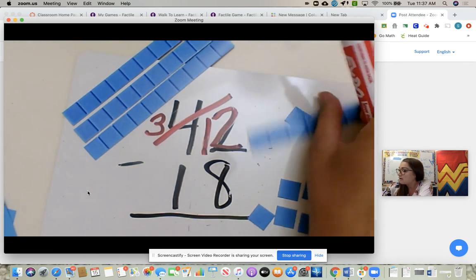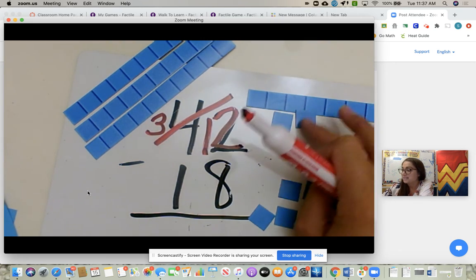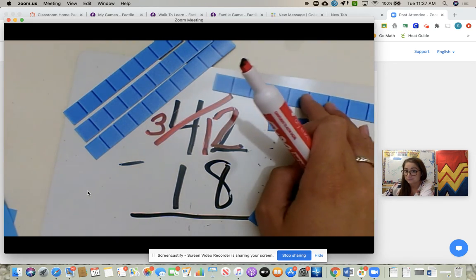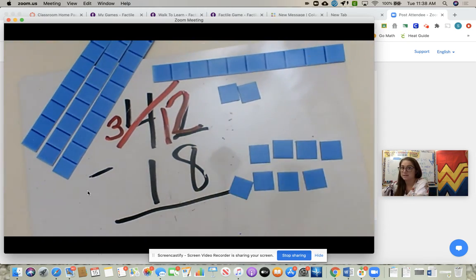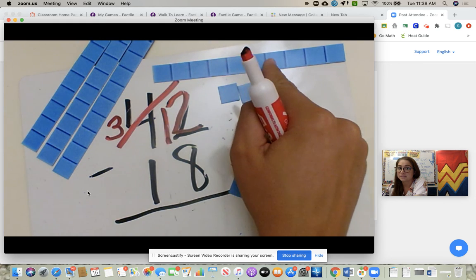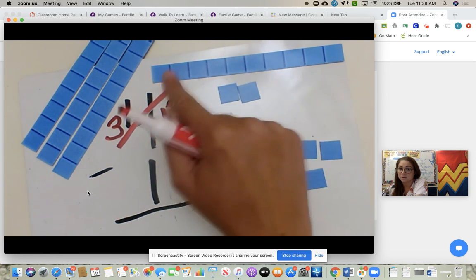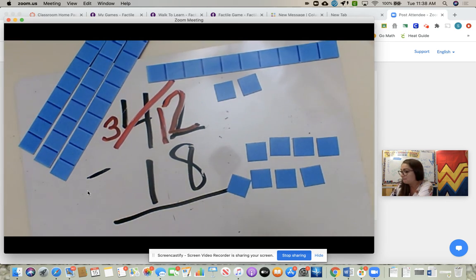So now if I have 12 sticks, can I take 8 away? Yes, I can. So if I take 8 away, 1, 2, 3, 4, 5, 6, 7, 8. All right, those are all gone. What do I have left? 1, 2, 3, 4. I have 4 left.